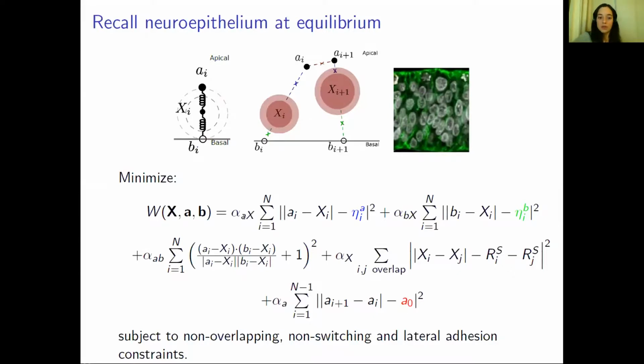So how do we choose them? The stiffness of the springs will be chosen relatively to each other, which is reasonable because what they do is that they determine which minimizer the system will find.